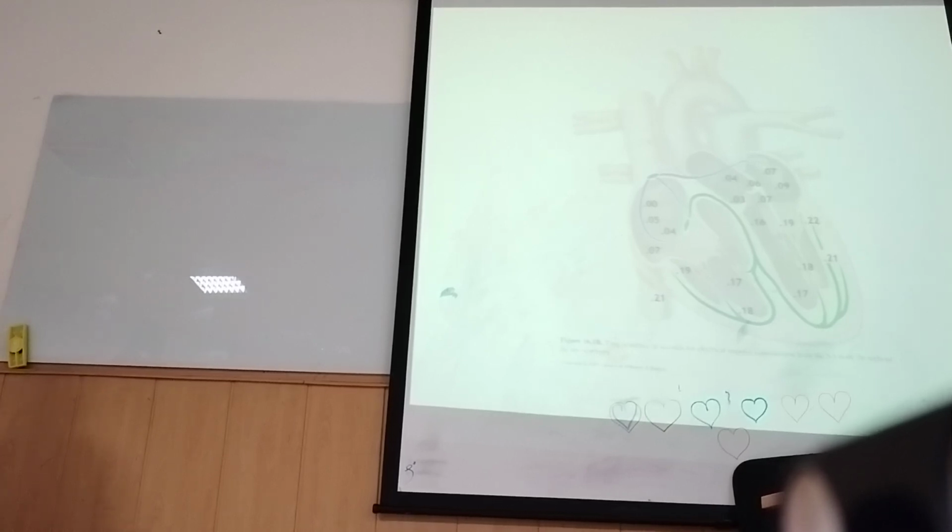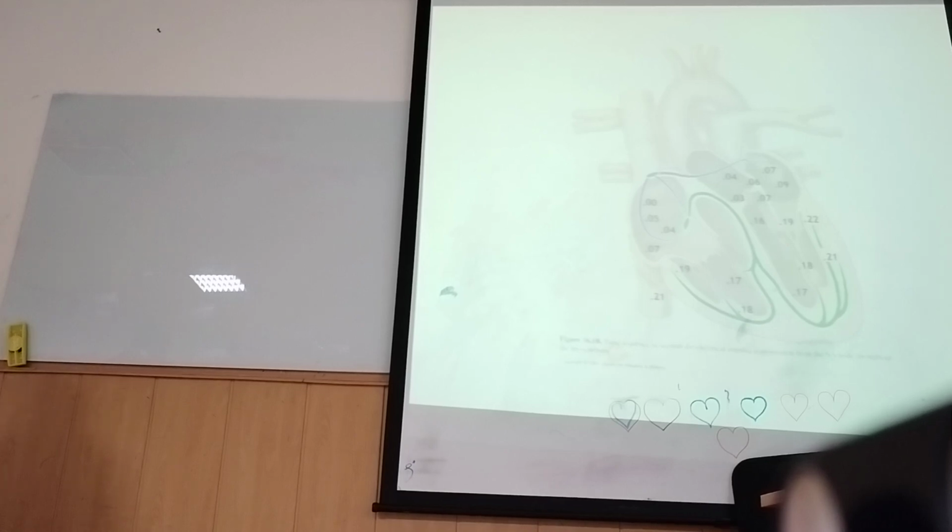Then both bundle branches will be depolarized, coming into the apex, and going up to the base of the heart. Did you get it? Depolarization starts from the SA node, internodal pathways, AV node, bundle of His, coming into the bundle branches.